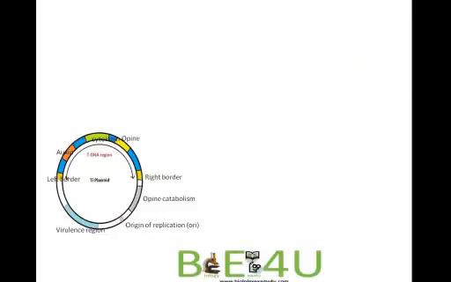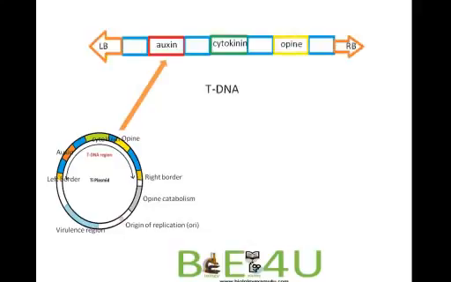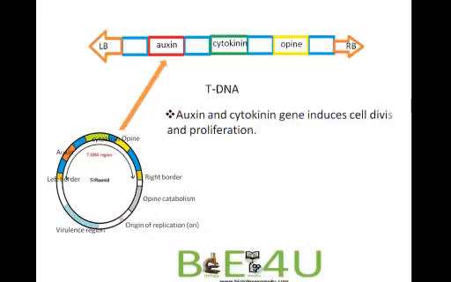Now let us have a look in detail into the plasmid organization. First of all, the most important region, the transfer DNA region, or tDNA region. This region consists of three genes: an auxin-encoding region, a cytokinin-encoding region, and an opine-encoding region. Auxin and cytokinin genes induce cell division. As a result, crown gall appears on the plant.